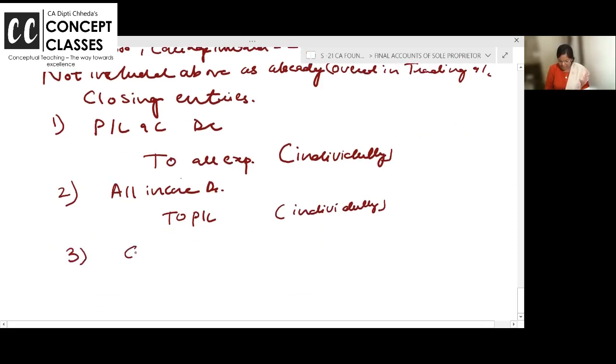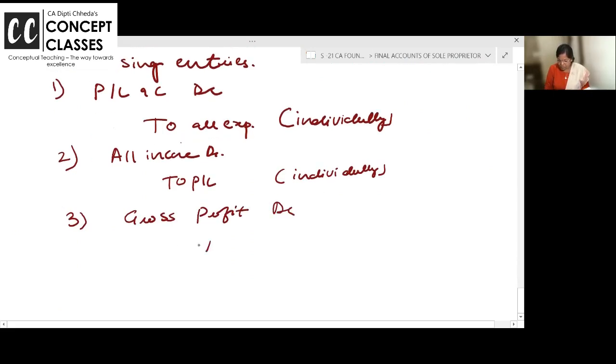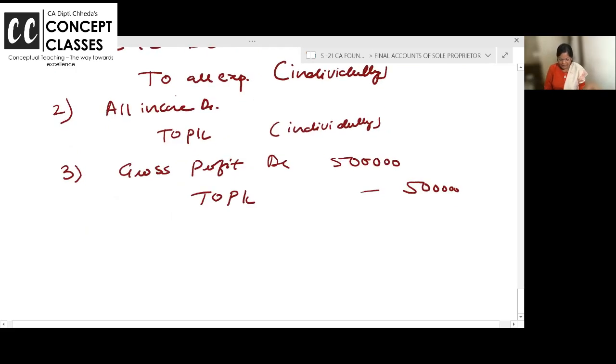Next entry. Gross profit debit to P&L. Write down with me the third journal entry. Have you brought the gross profit here? How much was your gross profit? अभी आपको gross profit तो problem में दिया था, but you have got it on the trading account credit side, no? 5 lakh.